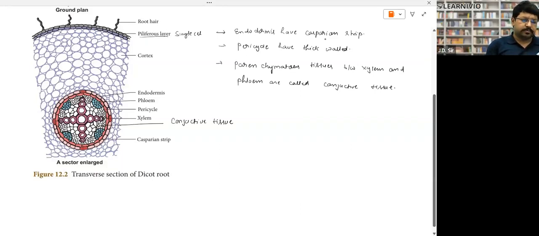That's it. This diagram you need to remember. Any doubt? Any question?